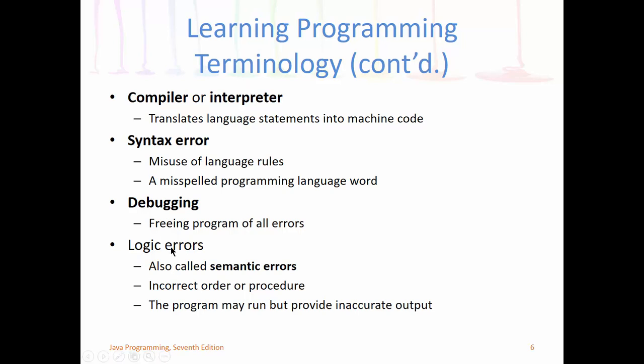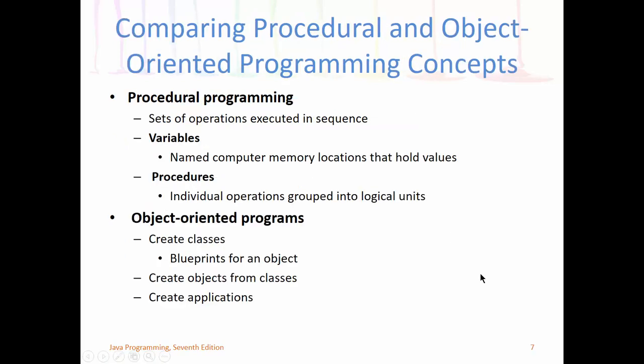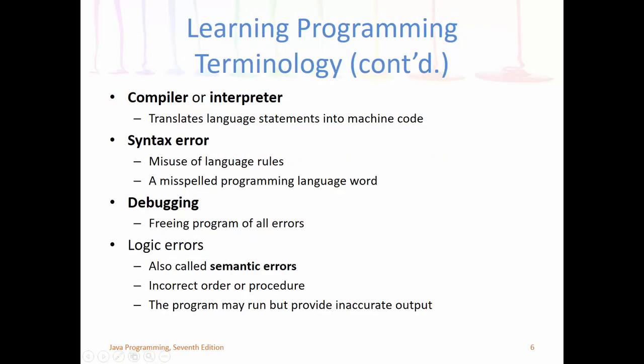All right, so you might run into the situation where you have syntax errors, and that's where you're not following the rule set of the language. Every language has a rule set, and you will learn these rules as we go. And there's certain conventions that you use, and I'll teach you some techniques to hopefully help you avoid those problems. Debugging, as it says there, is really the process of going through and making sure that your program does not have errors, or the process of correcting those errors.